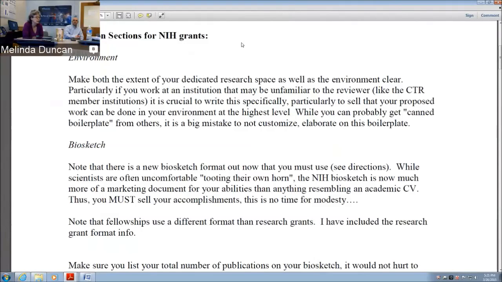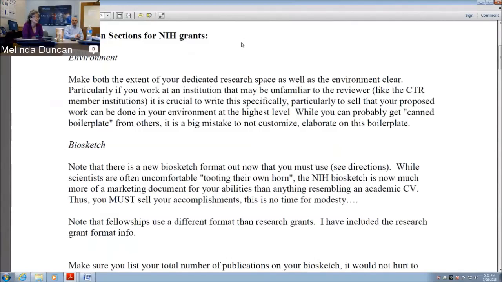I know that when we did this CTR training last year, one of the investigators who was funded through Nemours actually had a hard time. They had a hard time with the grant reviewer basically not believing that this clinical project could be done at Nemours. I believe it was on some kind of an orthopedic problem.